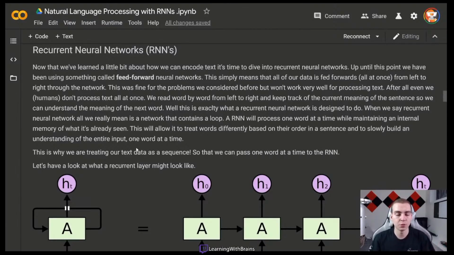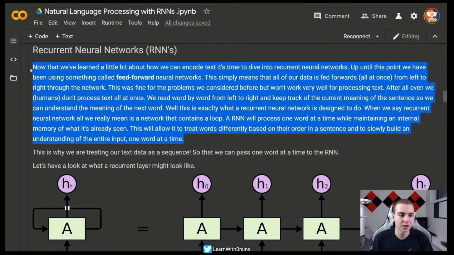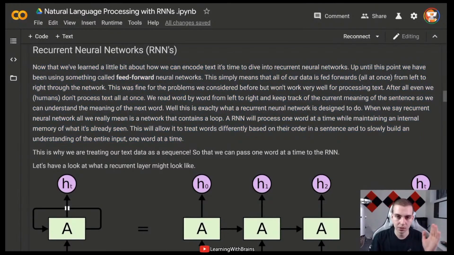Essentially the reason we do this is because, just like humans, when we look at text, we don't just take a photo of this text and process it all at once. We read it left to right, word to word, and based on the words that we've already read, we start to slowly develop an understanding of what we're reading, right? If I just read the word "now," that doesn't mean much to me. Or if I just read the word "encode," that doesn't mean much.